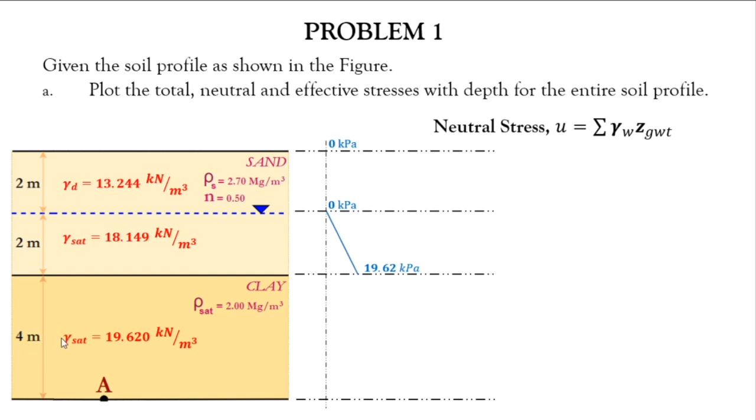Or, since it is just water with a single property, you can do 19.62 times 4, which is what we did earlier. Or you can also do 9.81, the unit weight of water, times 6. If you just want to know the pore water pressure at this point at the bottom, you can total it as 4 plus 2, which is the height of water at point A, and it will give you the same value, 58.86.